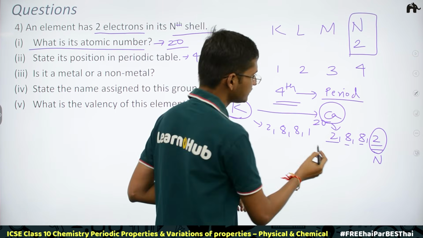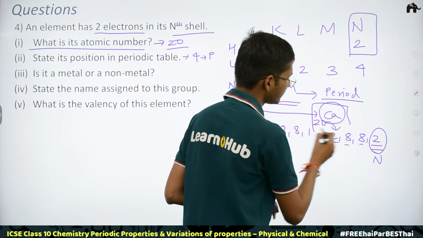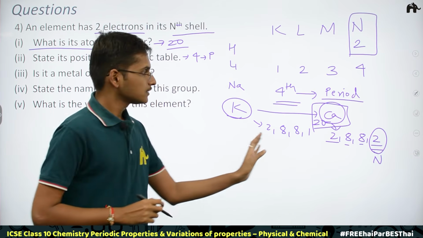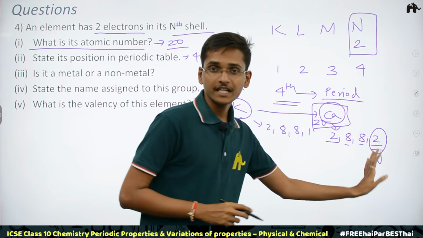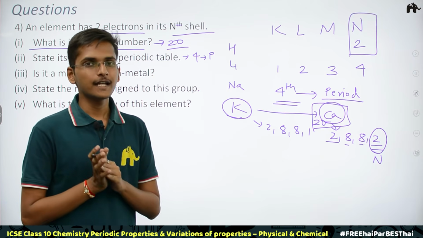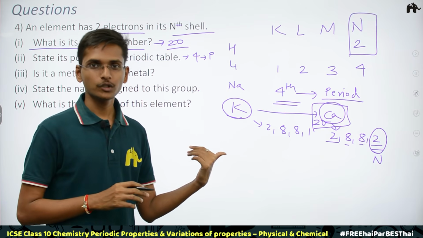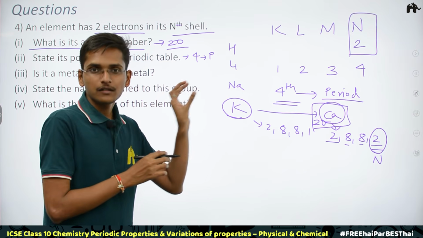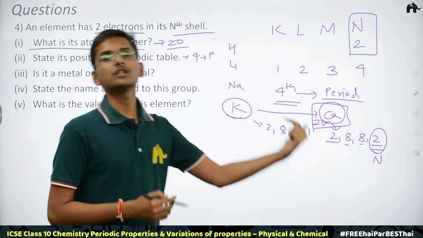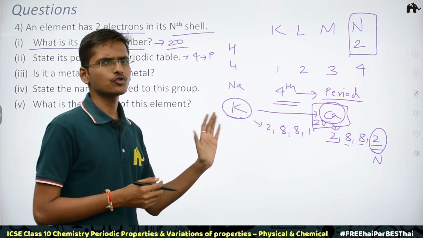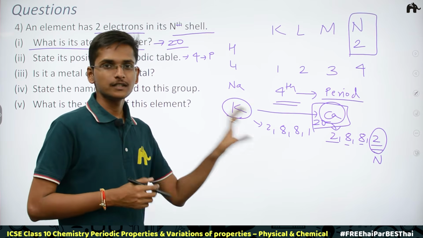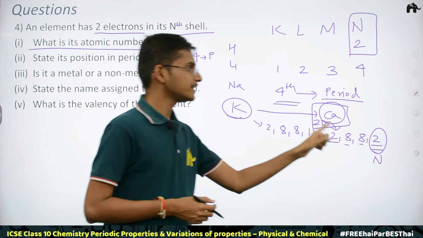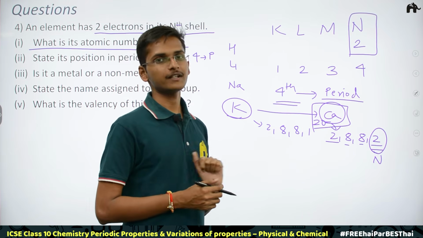You can clearly see here, it is calcium and it has 2 electrons in its N shell. Now we have also studied that in the case of S block elements, the number of electrons present in the outermost shell is equal to the group number. And I have told you to learn the group 2 elements, and yes, it is a group 2 element, right?